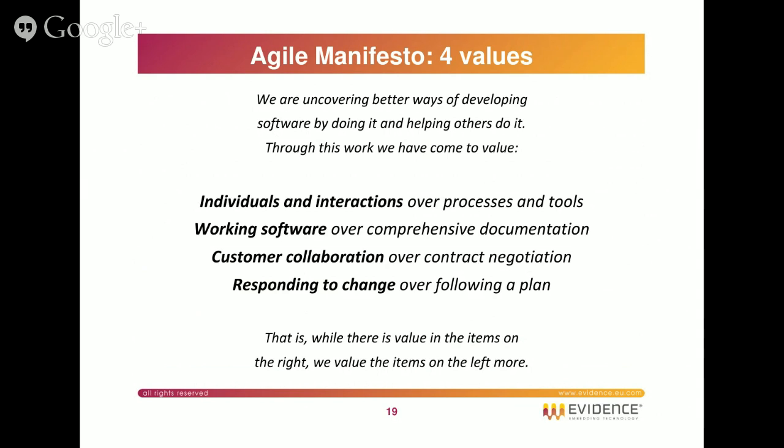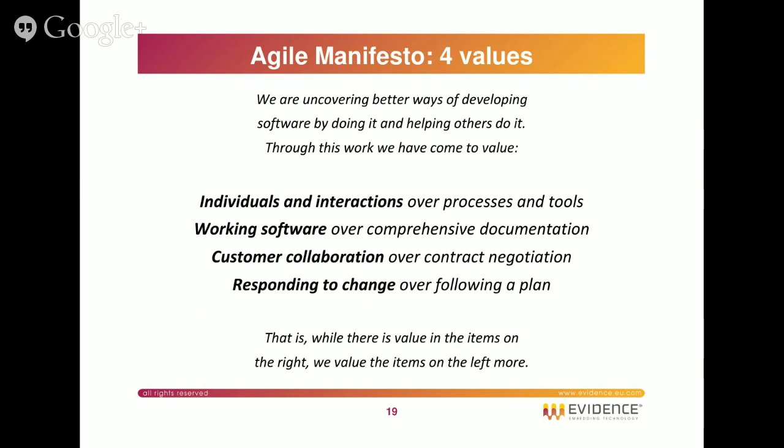Second, less documentation, more working software. The idea is, instead of spending months and months writing Word documents listing how to use the software, it's much better to spend time producing simpler working software that the customer can immediately use.